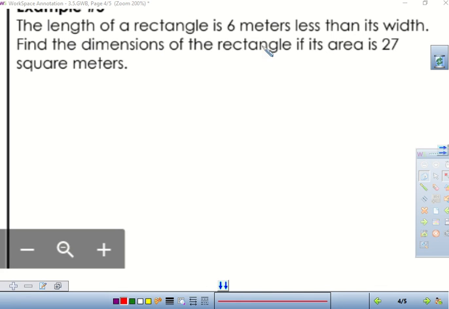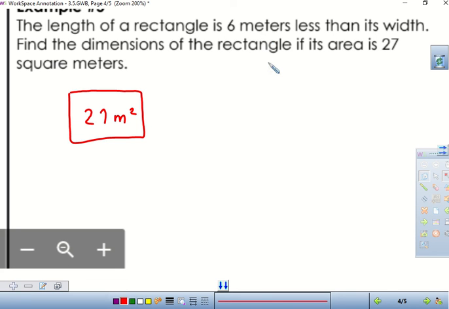So this one says the length of a rectangle is 6 meters less than it is wide. Find the dimensions of the rectangle if the area is 27 square meters. So if we have a rectangle, we know that the area is 27 square meters, and the length is 6 meters less than its width.